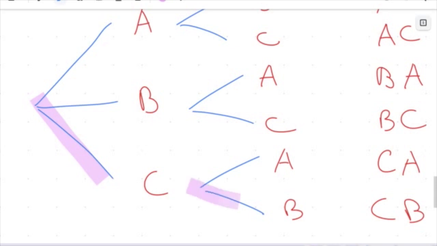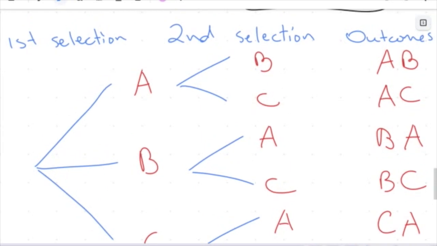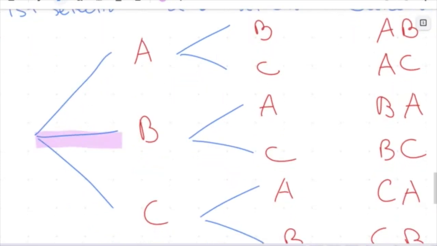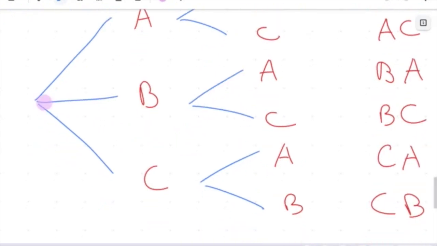So that's this particular route down here. So you can see we're taking different paths here. For my first outcome, we're going like this. My second outcome, we are going like this. My third outcome, we are doing this. My fourth, just following along the branches of my tree diagram. And my fifth here, and my sixth here.